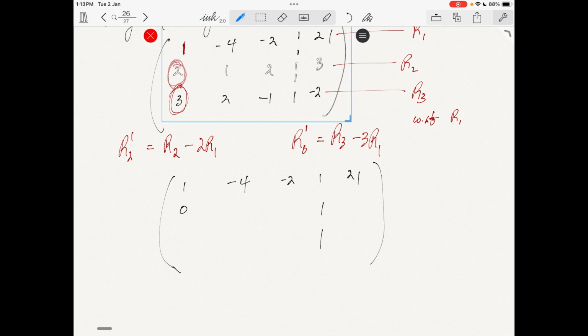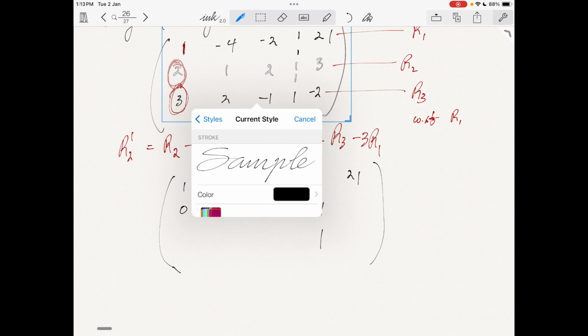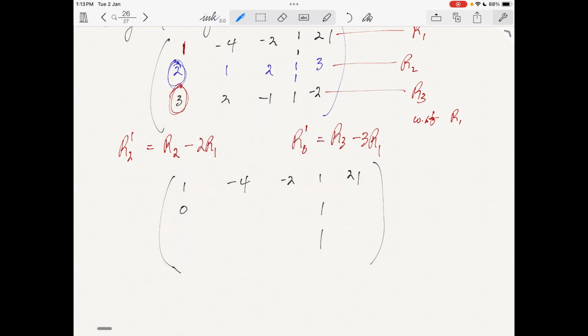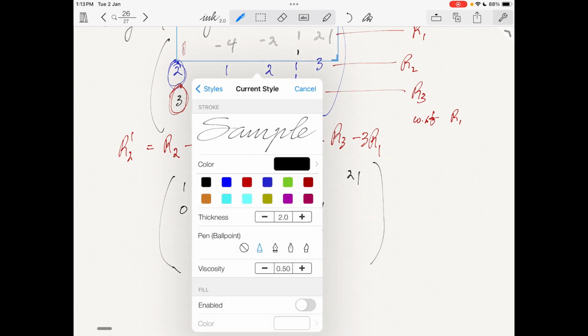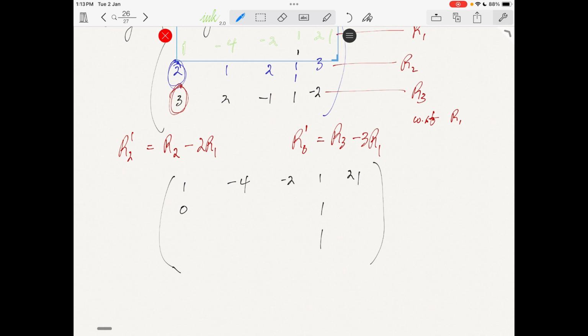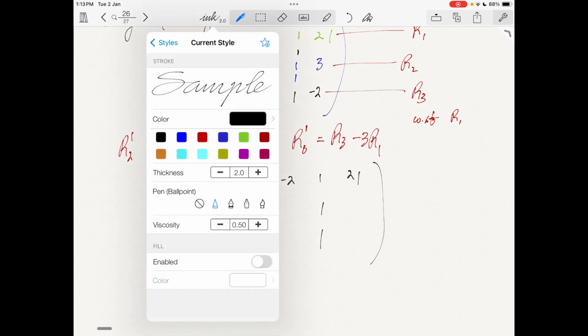We're dealing with row 2. So let's try and make it a bit more understandable. Let's change row 1. In that case, we'll have 1 minus 2, following this formula, minus 2, and our row 1 is minus 4.